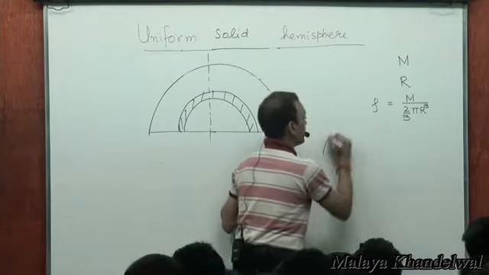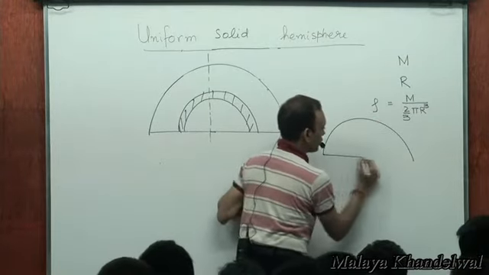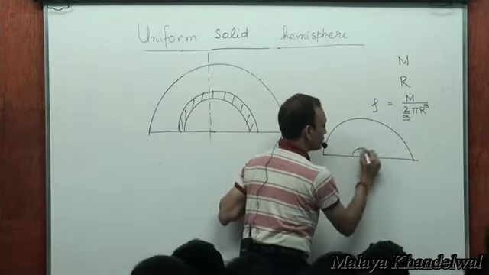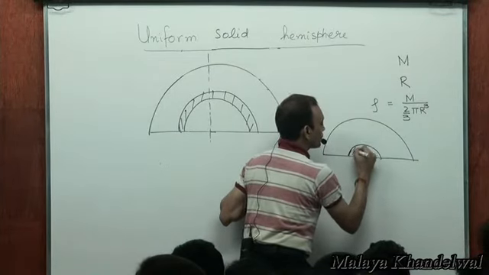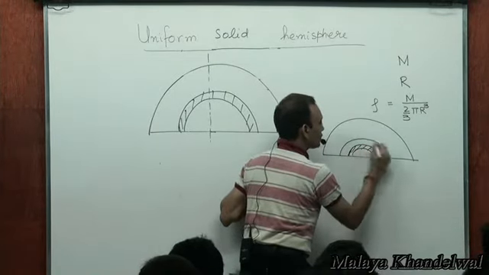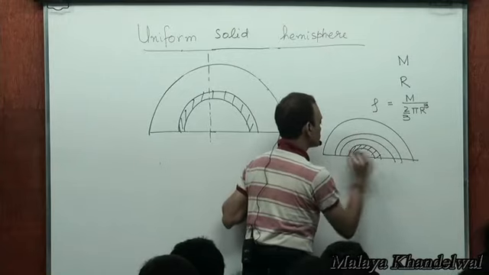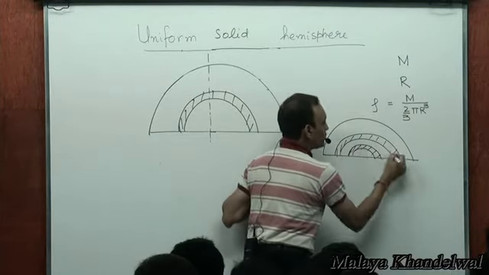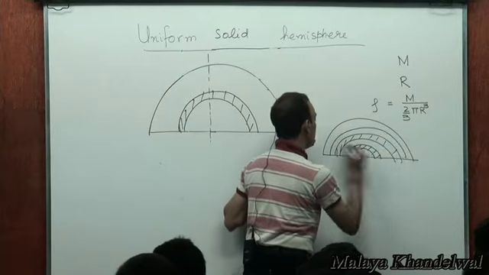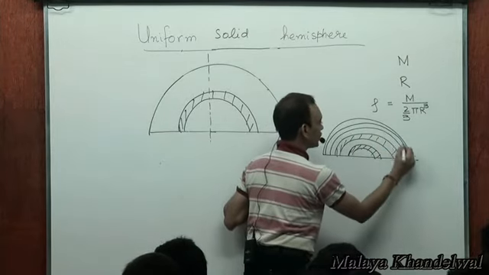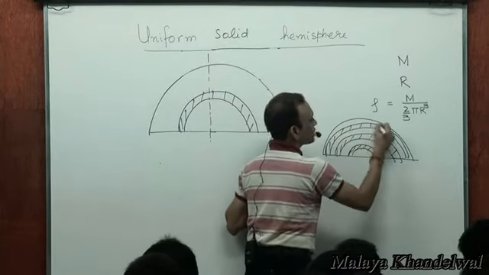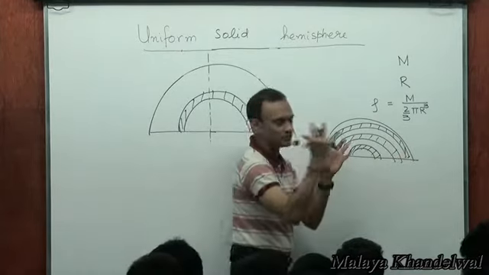See, this solid hemisphere could be looked upon as being constituted of these hollow hemispheres. Infinite number of these hollow hemispheres will constitute the solid hemisphere, placed on top of each other, continuously placed on top of each other without gaps, right?